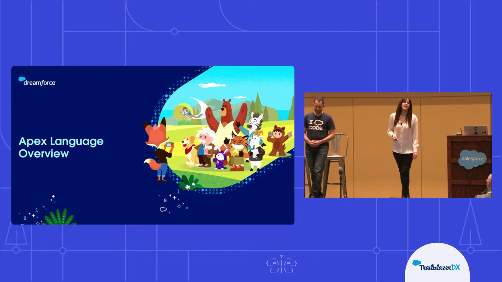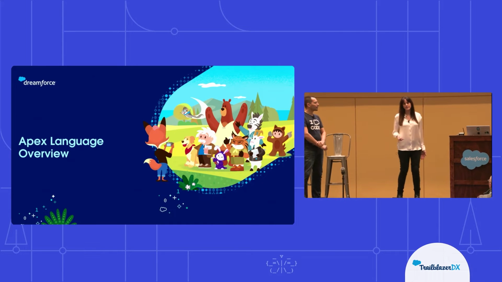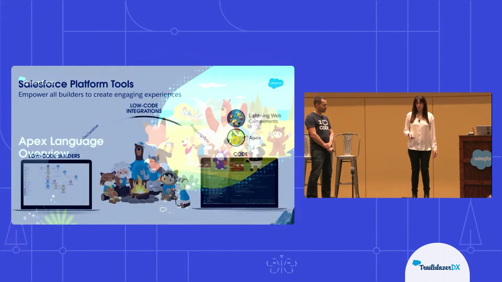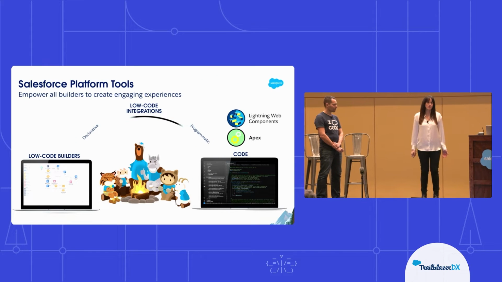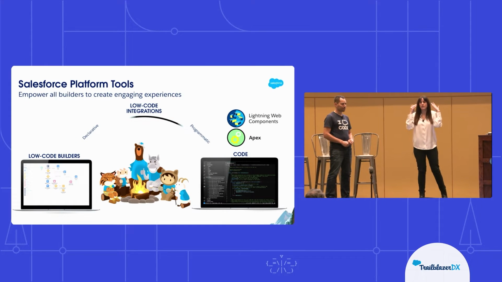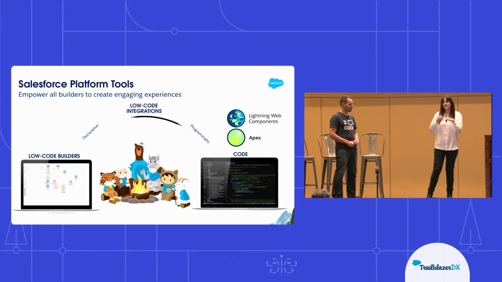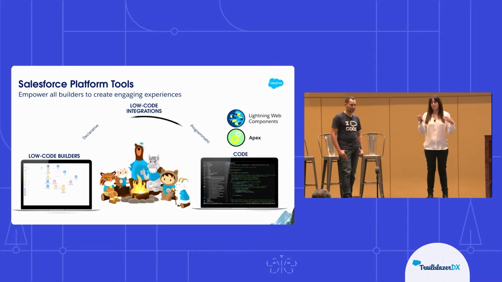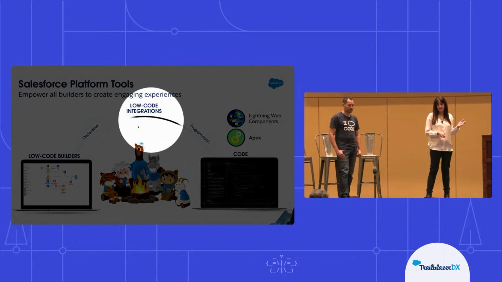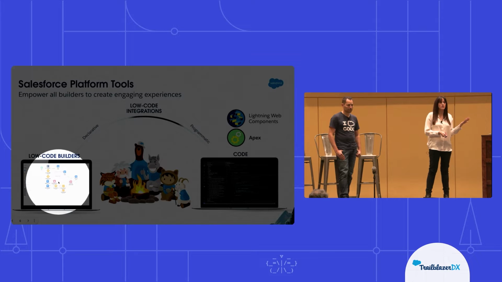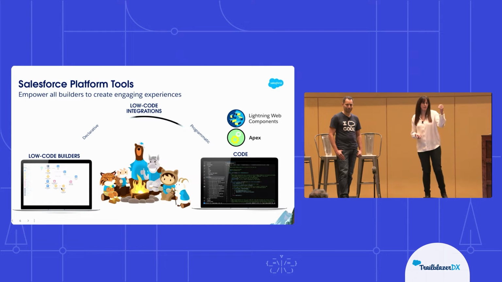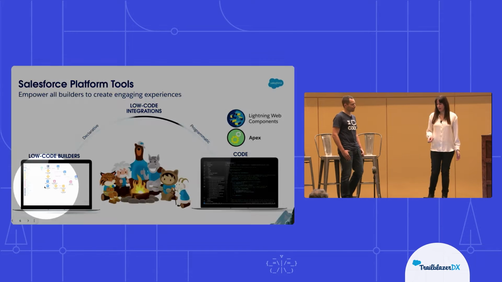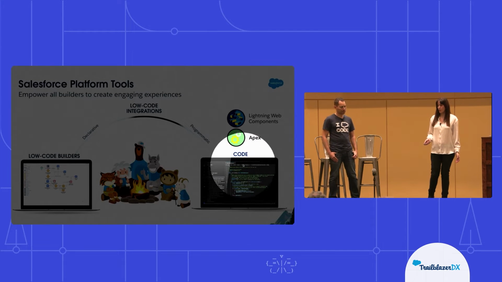Thank you. So let's start talking about Apex, and let's give an overview to the language and its features. So first of all, we need to understand where Apex sits in the whole set of tools that we have available to create applications on the platform. Basically, there are two ways in which you create apps. One of the ways is through low-code builders, such as Flow, point-and-click declarative functionality, and the other way is through code.